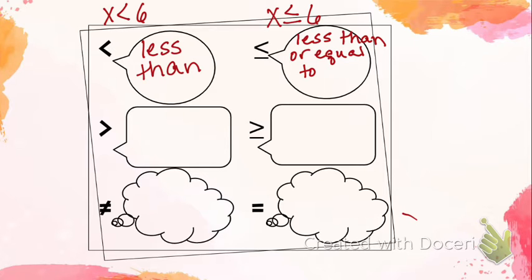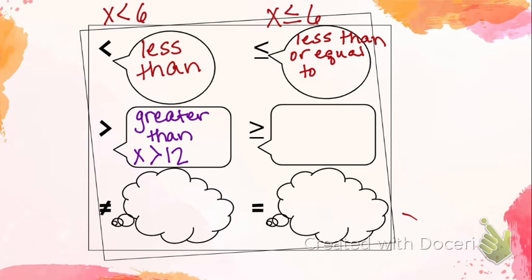Okay? Now I'm going to switch over colors here and work on the next symbol. The one right here below would be greater than. Okay? So if I said x is greater than 12, that would mean x could be 12.1 or higher. It could be 12.0185 or higher, right? 12.5 and anything higher than that, as long as it's greater than 12, but it does not include 12.